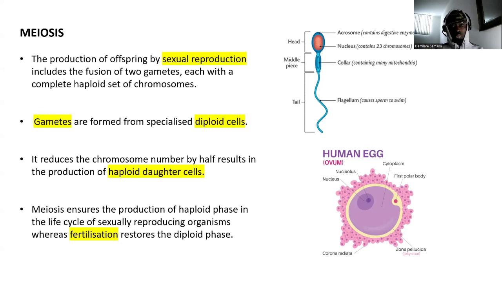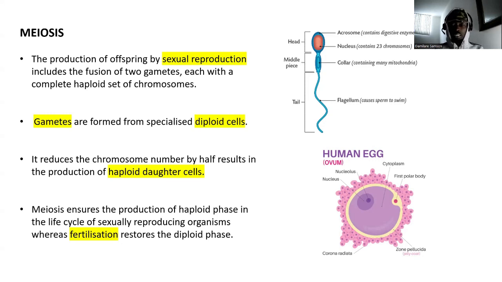So we are coming back to meiosis here. And basically, I just want you to know the difference between mitosis and meiosis. Meiosis actually helps in the formation of gametes. That's sexual reproduction. It helps in sexual reproduction. So gametes that are used during sexual reproduction, meiosis really helps us to produce them.